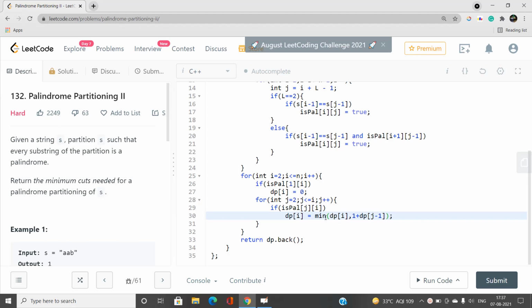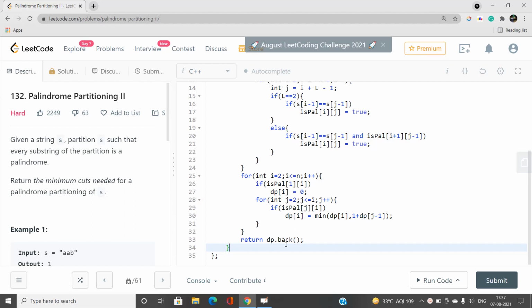That is the minimum number of cuts up to index j minus 1, plus 1, because we are going to perform a cut right now. So dp of i will store the minimum over all the partitions that we are going to do. Finally return dp dot back, the minimum number of cuts required for this given string. So this will be our answer.